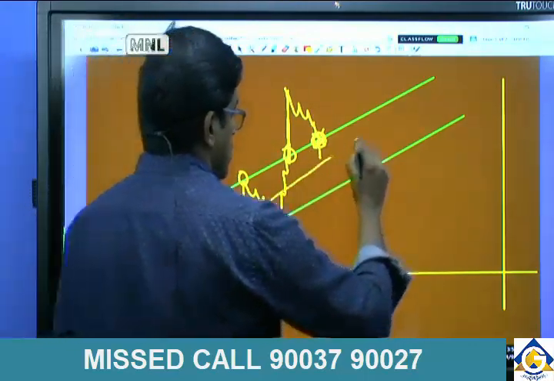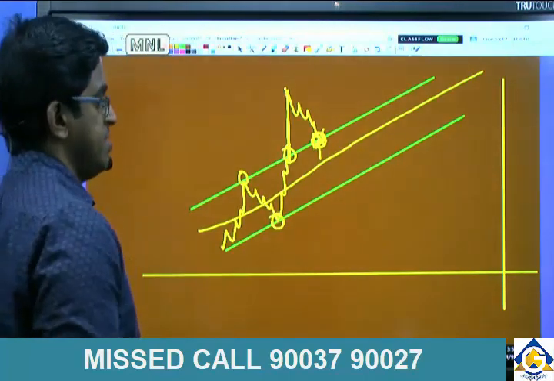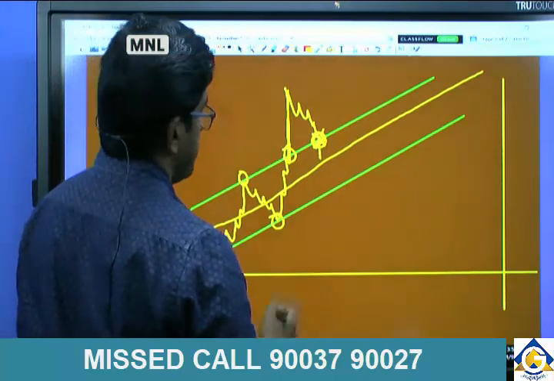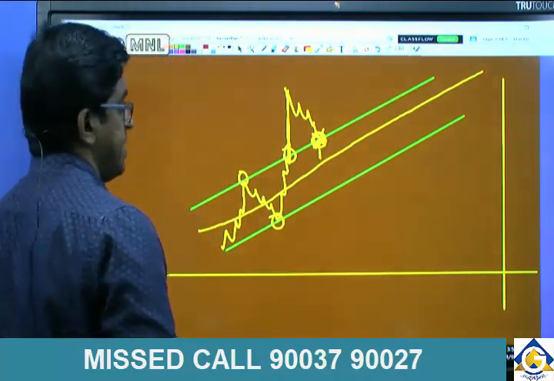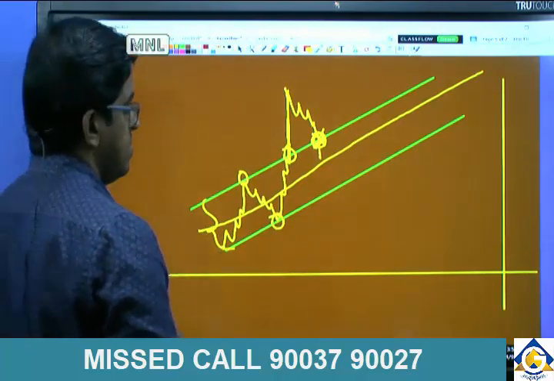As I told you, you can always see a midline here. This is not a line; probably I should have drawn it more clearly. So normally you have a center line, a mean line, for these two trend channel lines.